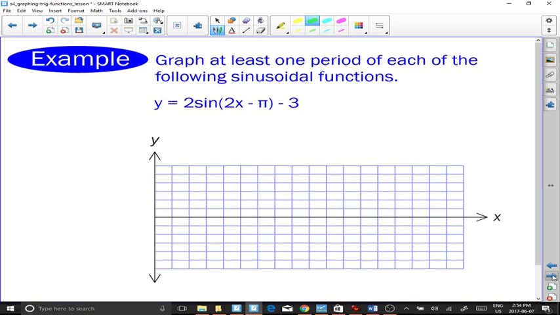So what we need to do is factor the 2 out of that. So that means that we're going to have 2 bracket x minus pi over 2. Everything else is the same.